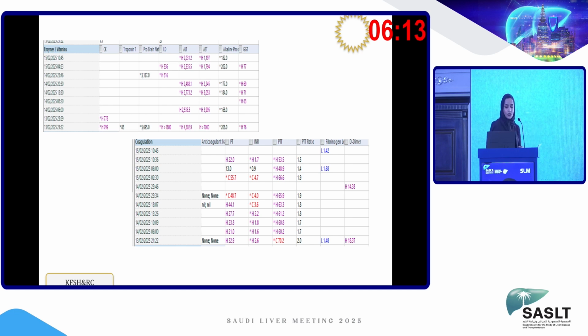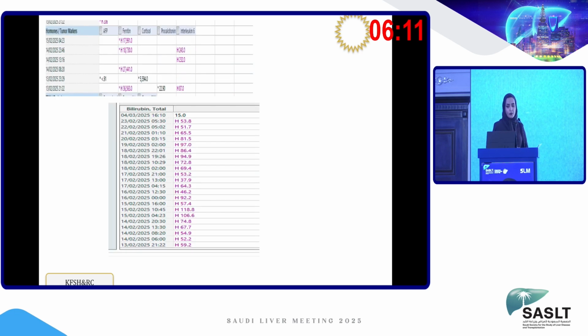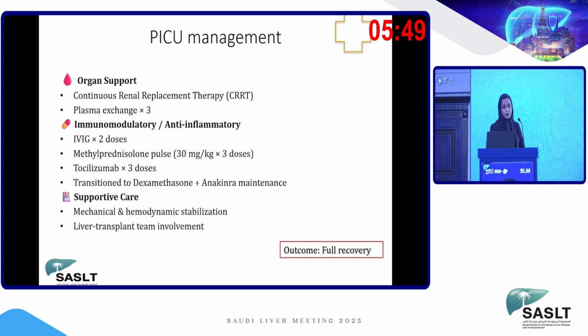As you can see, the D-dimer upon presentation was 18. Her ferritin level was 35,000 on admission, with very high interleukin-6 reaching up to 240. Bilirubin was elevated, but not proportionate to the degree of liver involvement, severe encephalopathy and coagulopathy that she had. This is a very important point.